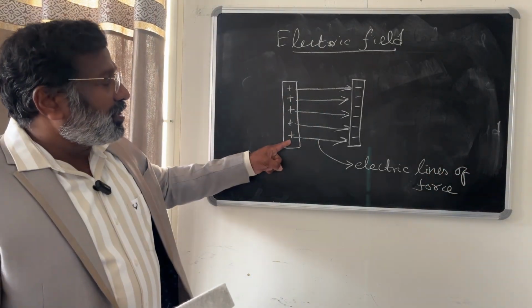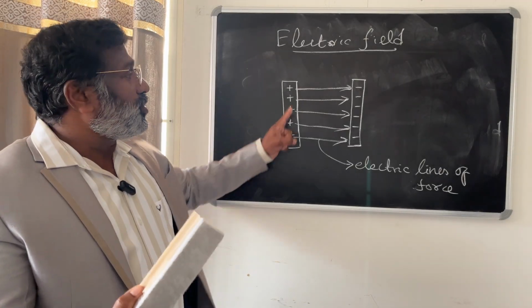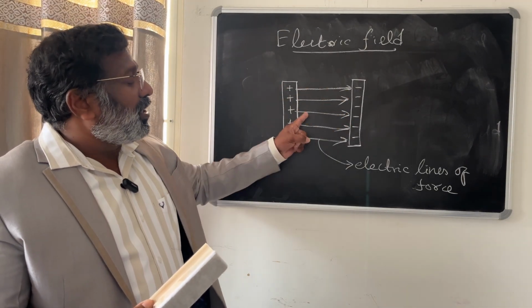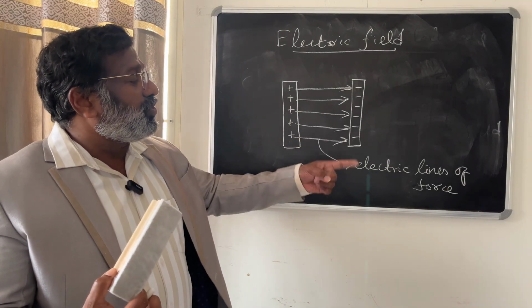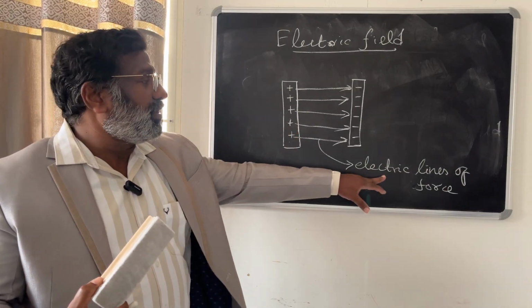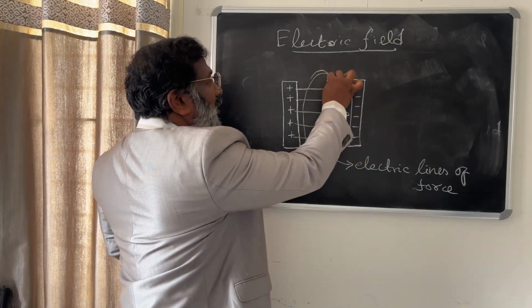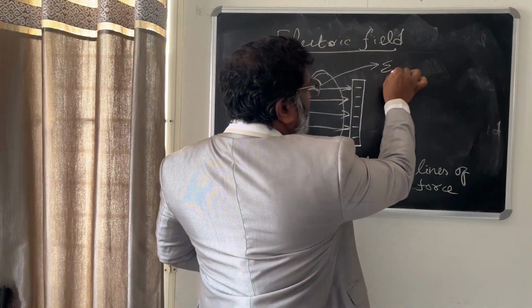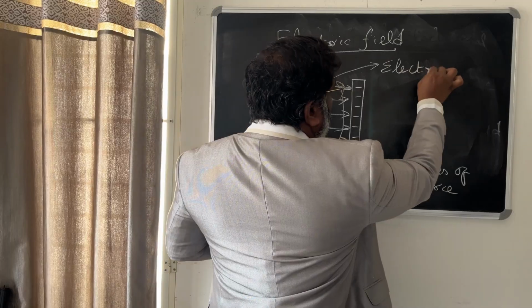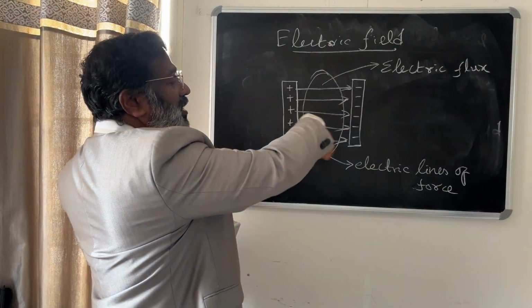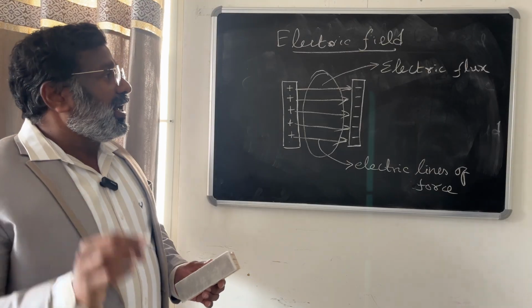So the positive charges attract the negative charges by a force, and the forces act in the form of lines which are called electric lines of force. Clear? And all these electric lines of force together are called electric flux.